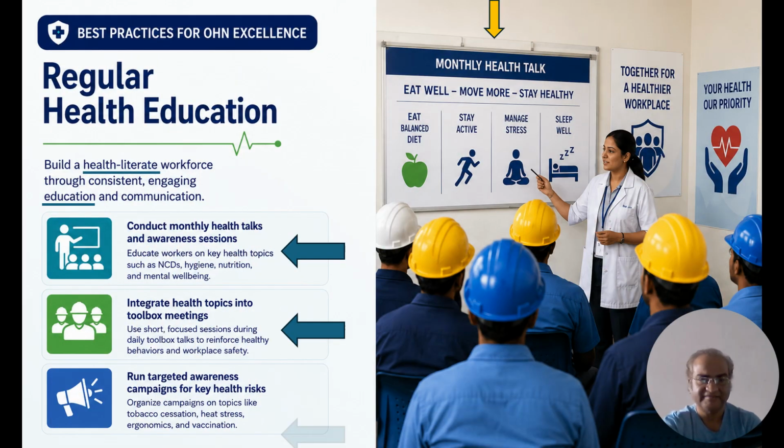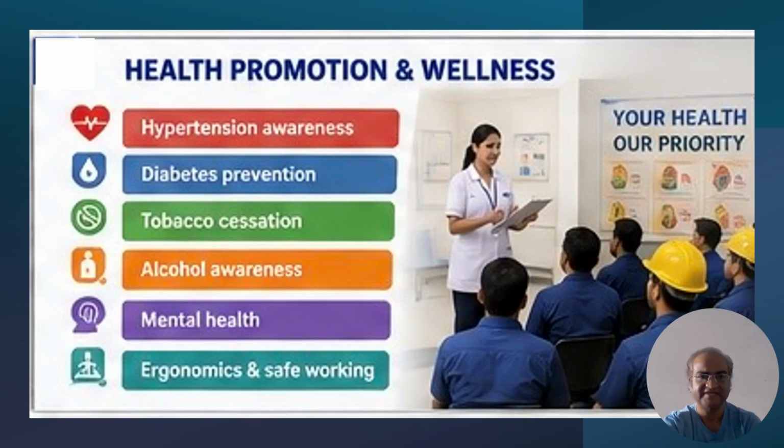Run targeted awareness campaigns for key health risks. Targeted awareness health campaigns you need to do. Health awareness campaigns like hypertension awareness, diabetes prevention, tobacco cessation, alcohol awareness, mental health awareness, ergonomics and safe working.